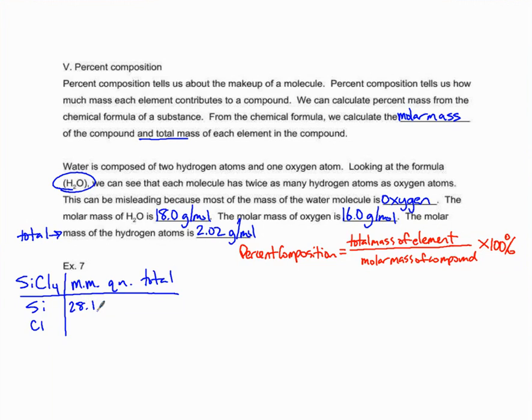Silicon's molar mass 28.1, chlorine 35.5. 1 silicon, 4 chlorines, and then we total it up. Let's see, we got 71, 142. And so when we add these up, 170, and that 0.1 rounds off. So we'll say 170 grams per mole.